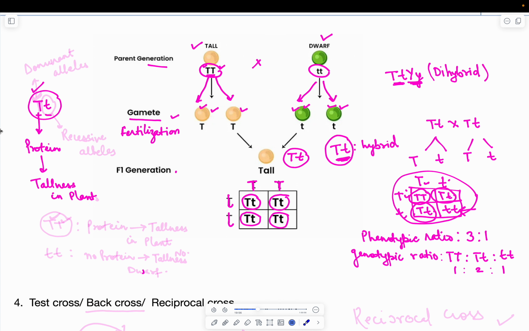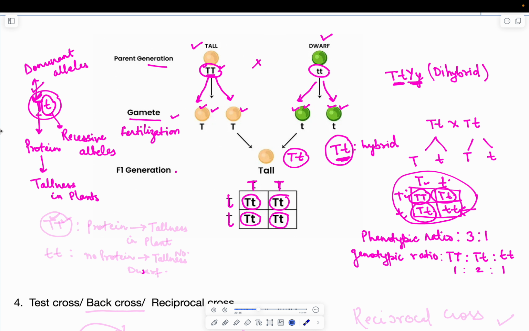So in heterozygous condition, the allele which expresses itself is known as the dominant allele. So these hybrids are tall because of the presence of this dominant allele, right? The other allele, which is not able to show its expression in the presence of the dominant allele, is known as the recessive allele, right?